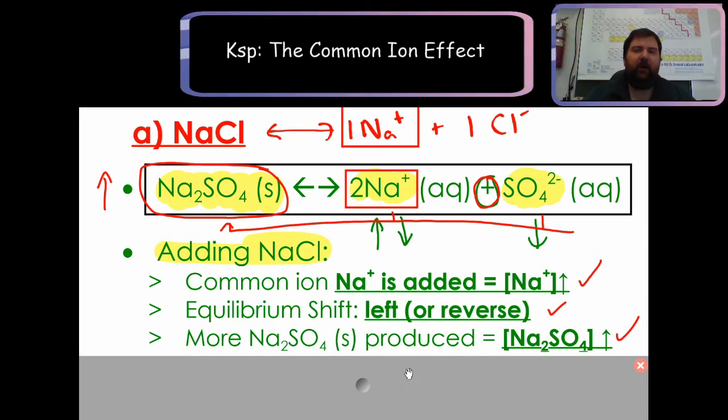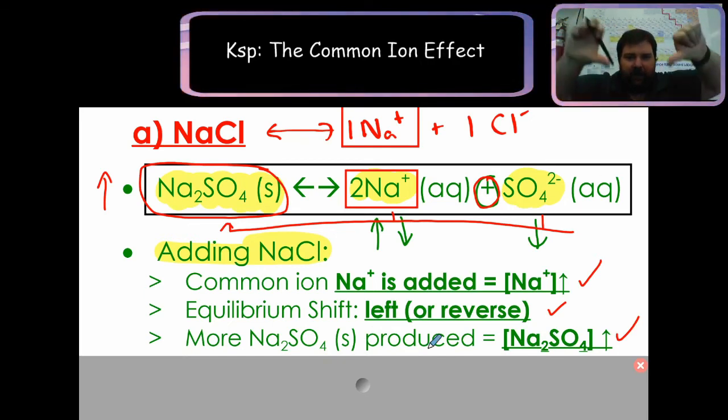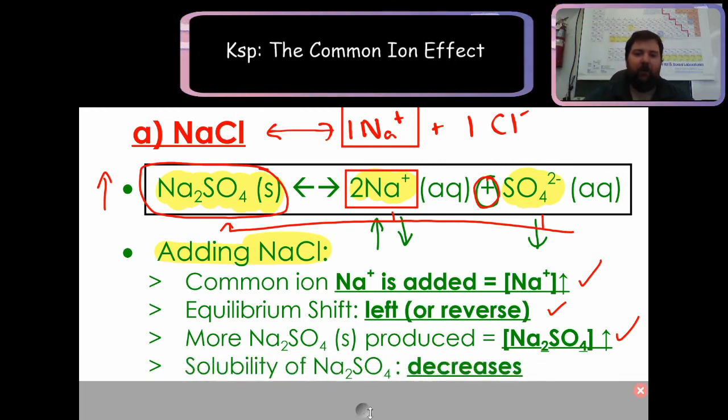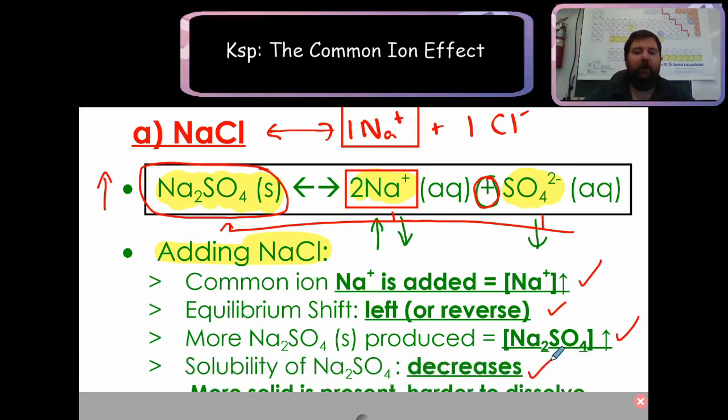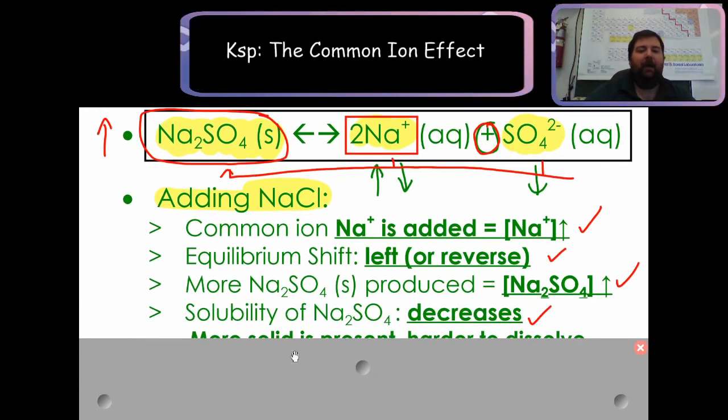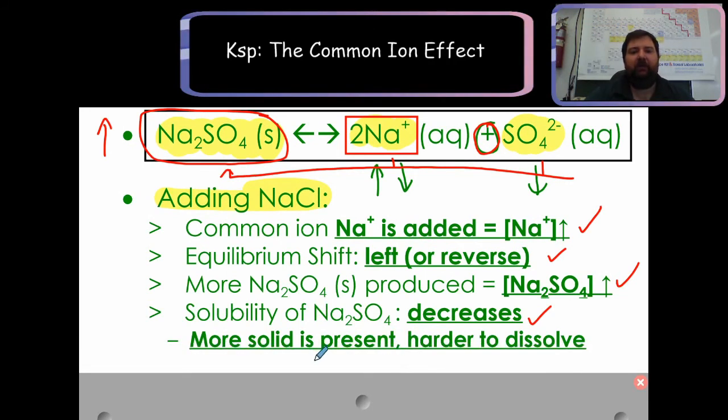Now, we said before, if there's more sodium sulfate, then the solubility will go down. So the solubility will decrease. Why? Because more solid's present. If there's more solid, it's going to be harder to dissolve things. So its solubility will go down.